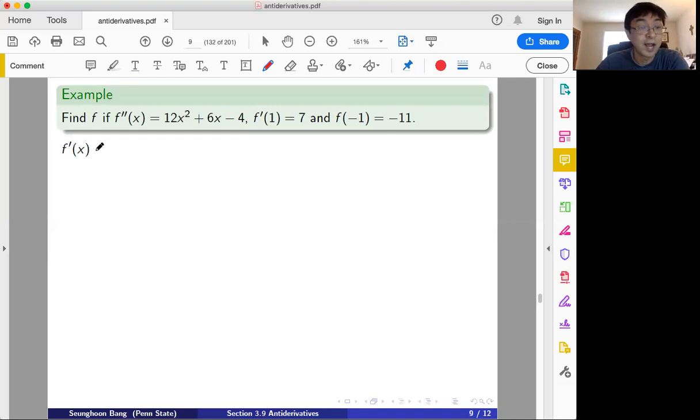You can use the antiderivative of the second derivative. So this is 12 times, what is the antiderivative of x squared?